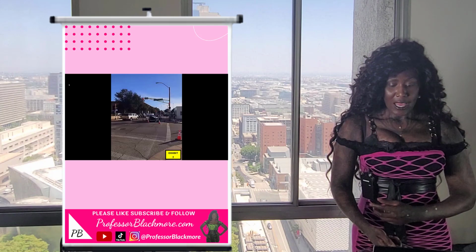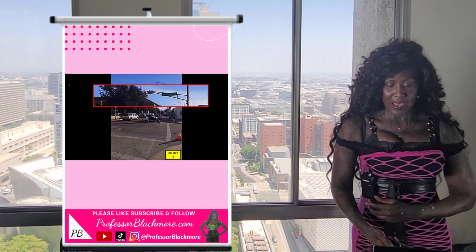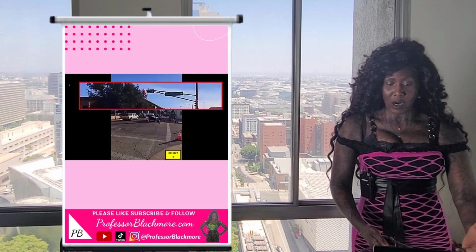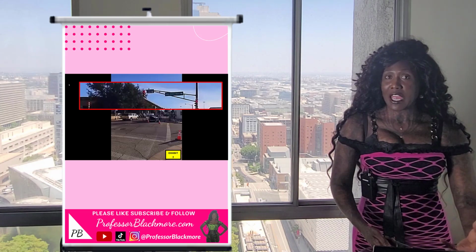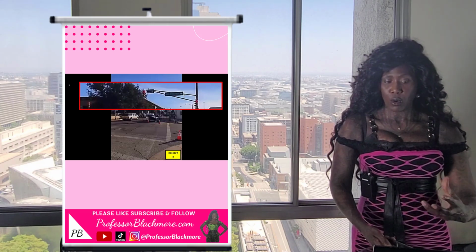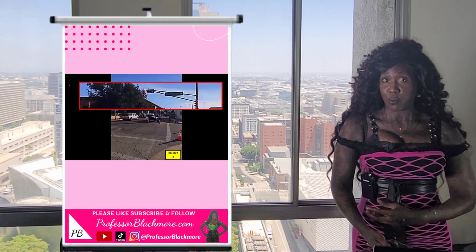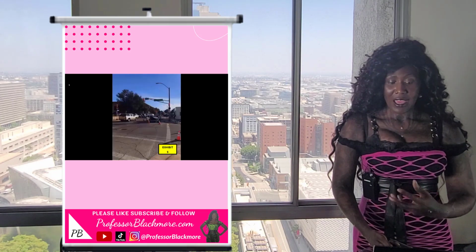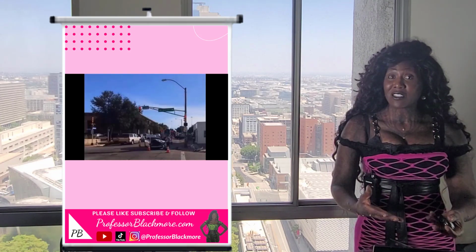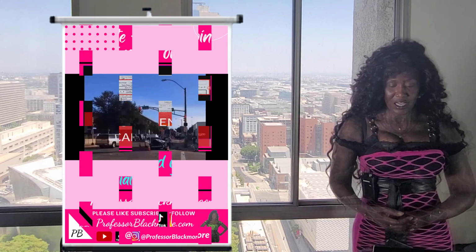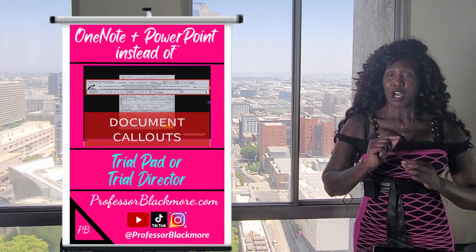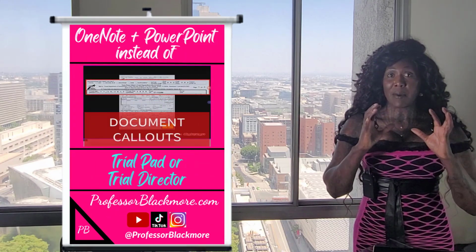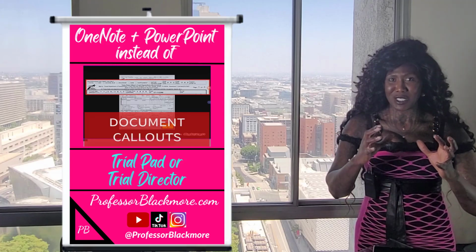Then I also have a place here where I can blow up that traffic signal to show that the light was actually red at the time of the collision, as well as video callouts, as you can see here. But today, I'm going to talk to you strictly about how to create document callouts.